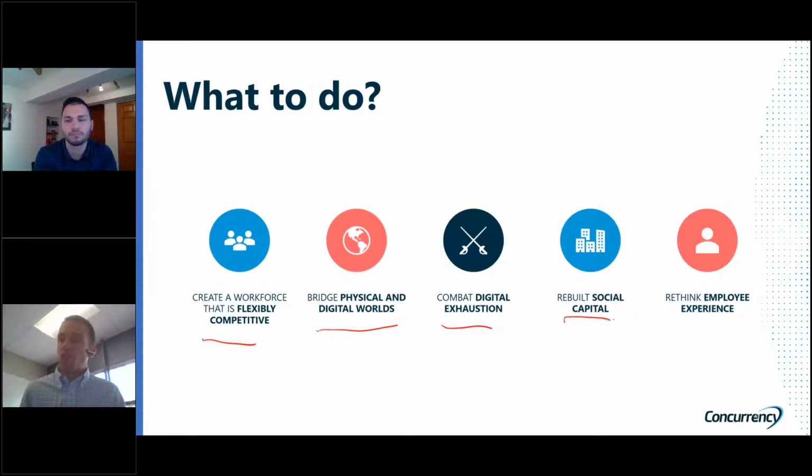How do I rebuild the social capital that I have with individuals that's draining because I don't just see them in the office? I don't have that personal relationship where we talk about everything, because everything's a scheduled call. How do I rethink what the employee experience looks like in these personas? All of these are what we need to address.